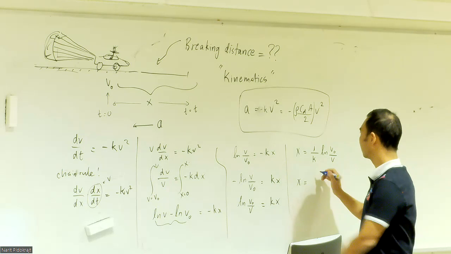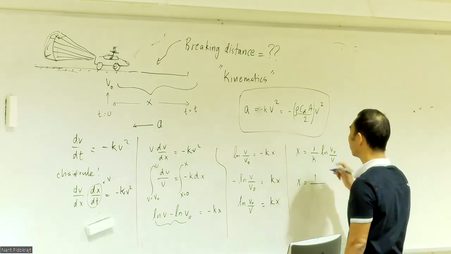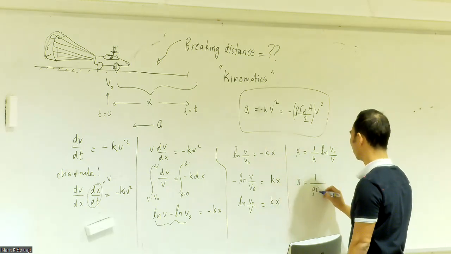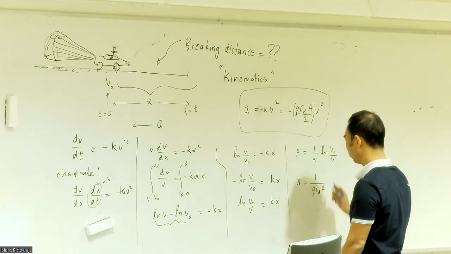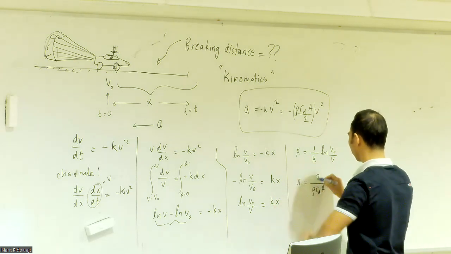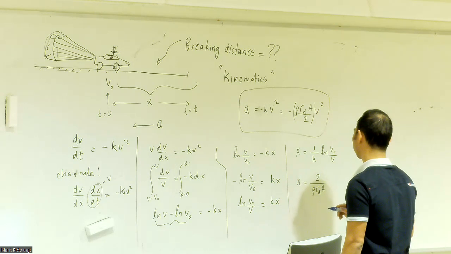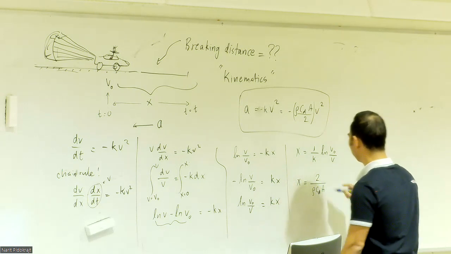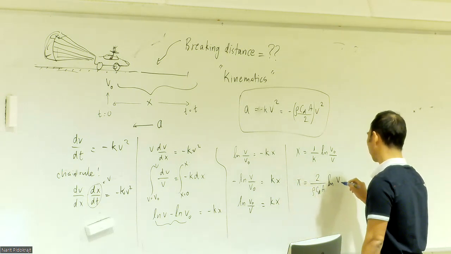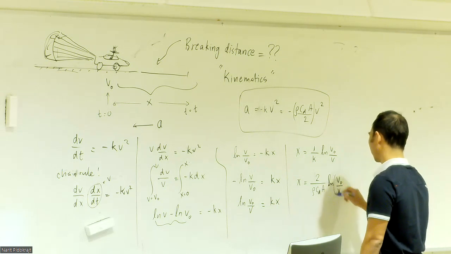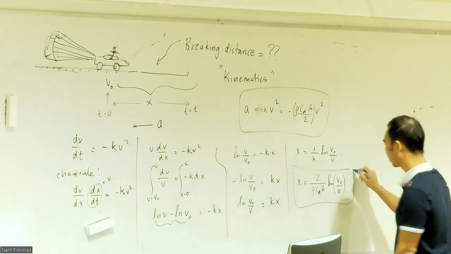Here 1 over k is 2 over rho Cd A, so x equals 2 over rho Cd A, times ln(v0 over v). So this is the braking distance.